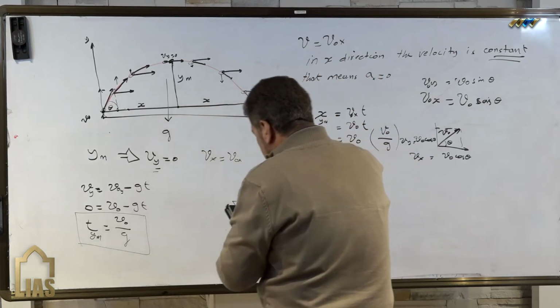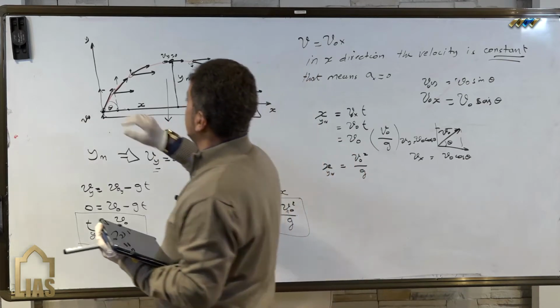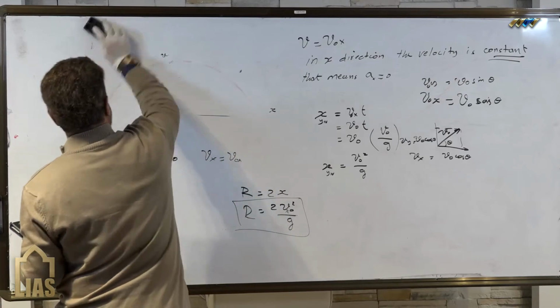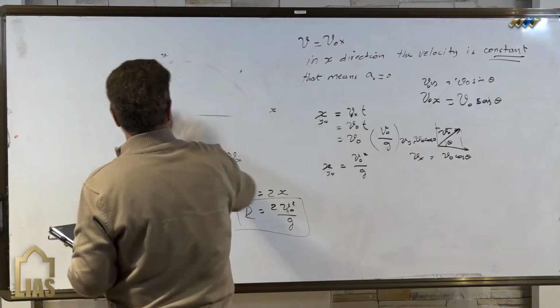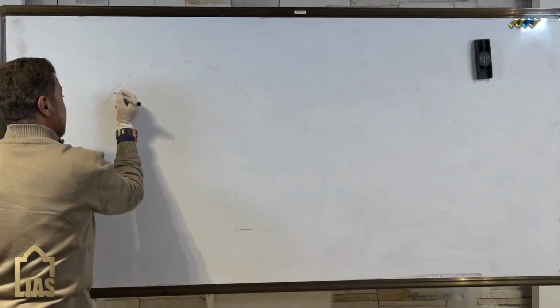Okay. Let's take an example. When I give numbers, then it will be free of these things, but let's make it like that.